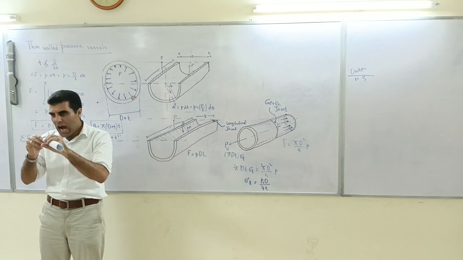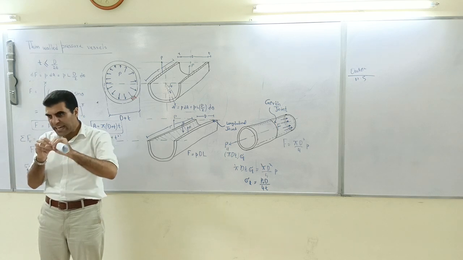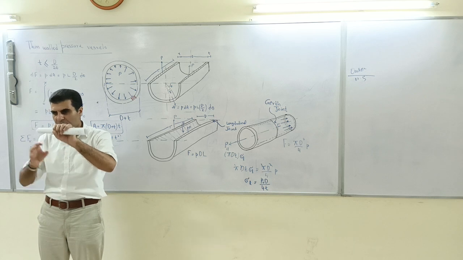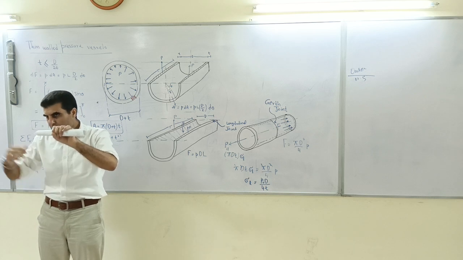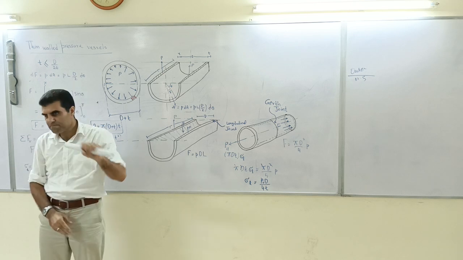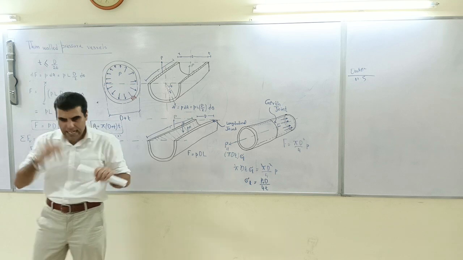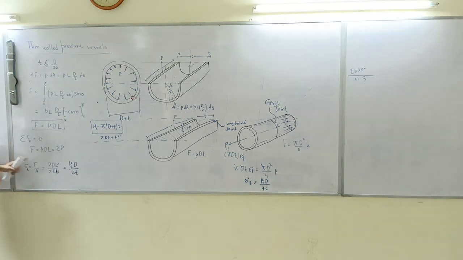I ask you, how many staples should I put on it in such a way that this paper is able to transfer the gas from point A to point B? That is my question. So what are you going to do? You will come to this equation.